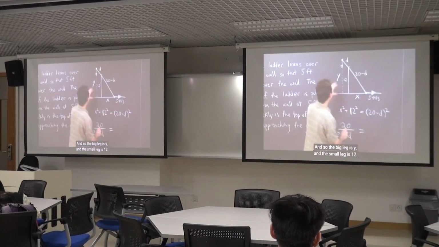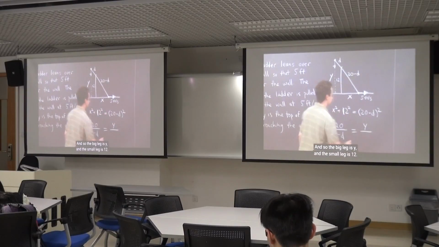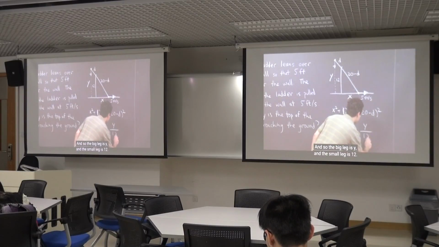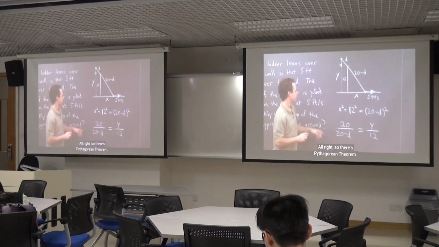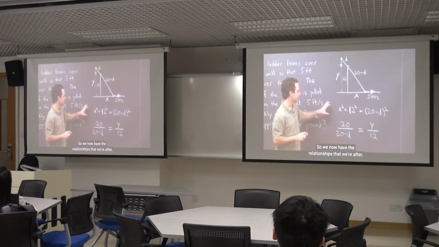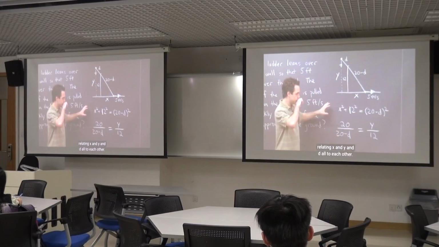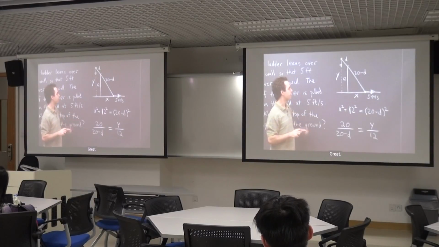And so the big leg is y, and the small leg is 12. All right, so there's the Pythagorean theorem, there's similar triangles. So we now have the relationships that we're after, relating x and y and d to each other.